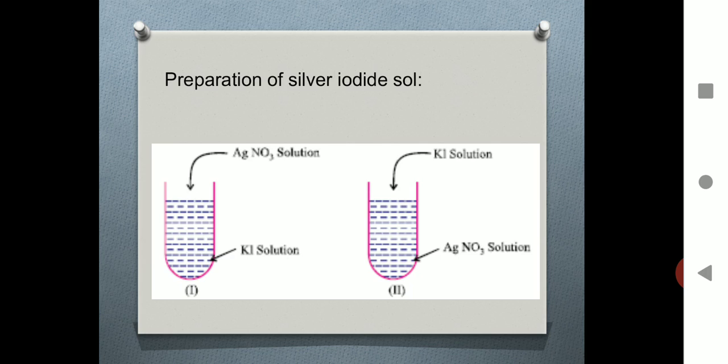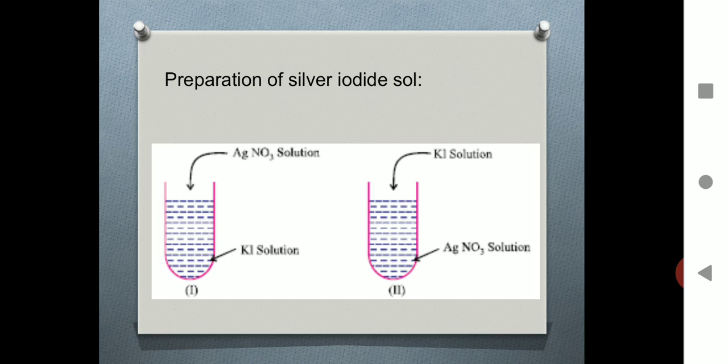Again, the reaction between silver nitrate and potassium iodide will result in the formation of silver iodide colloidal particles, but this time silver ions, which are common with the ions present in the colloidal particles, are in excess in the dispersion medium, and hence silver ions will be preferentially adsorbed on the surface of the silver iodide particles.